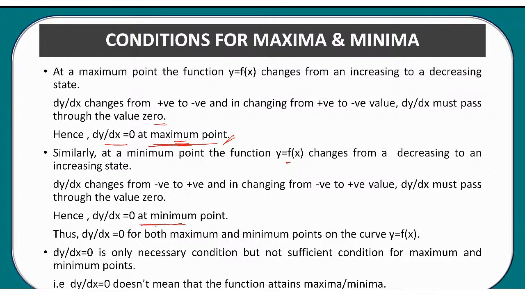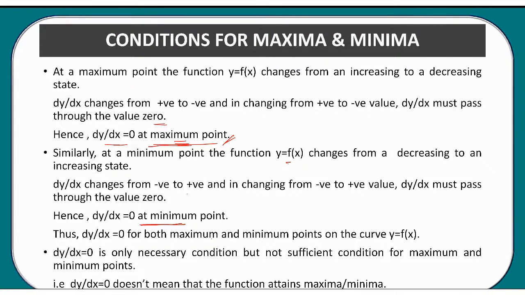That means dy by dx equal to 0, slope equal to 0, means that point may be a maximum point or maybe a minimum point. And since you have learned yesterday a simply increasing function and a strictly increasing function, dy by dx equal to 0 means it is a constant function, maybe an increasing function and decreasing function also.